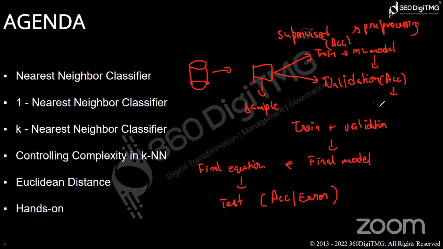Here, if it is not good, again, we do tuning. So our first aim is always to tune the data according to the accuracy.